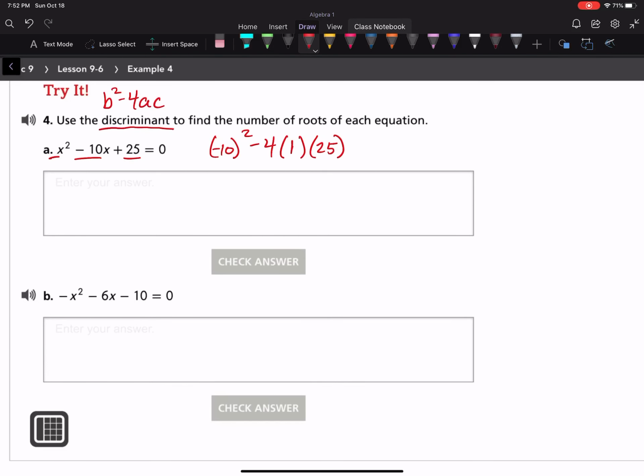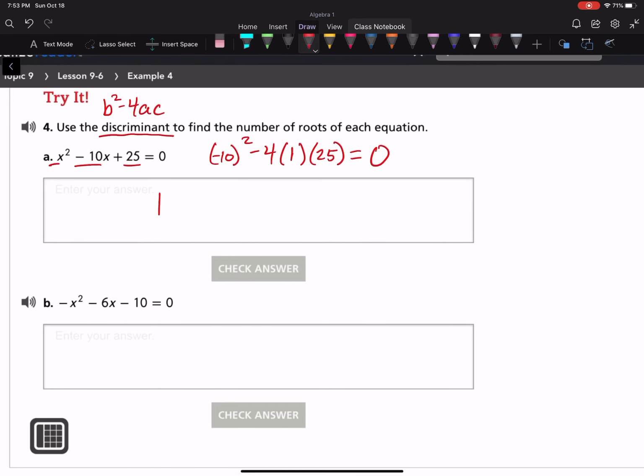So we stick all that in our calculator. Negative 10 squared minus 4 times 1 times 25. I got 0. And so my discriminant is 0, which means I have one real solution, or one real root as they are calling it.